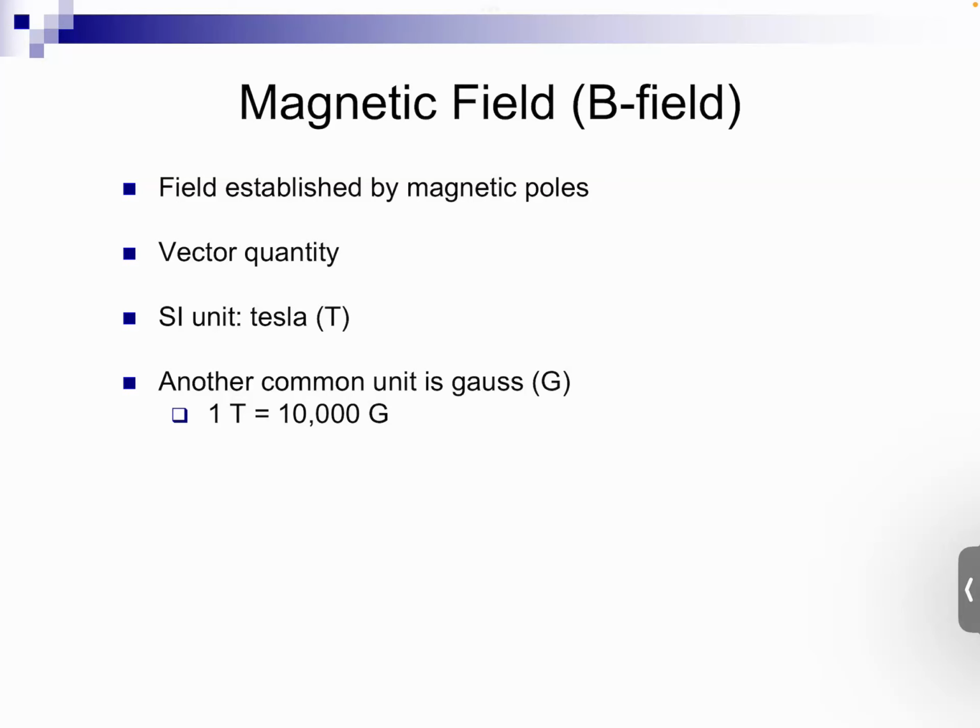The unit we will use for the magnetic field is the Tesla. You will find other units like the Gauss. That's a non-SI unit. Here's the conversion factor you need to convert from Gauss to Tesla, but largely we will use the Tesla.